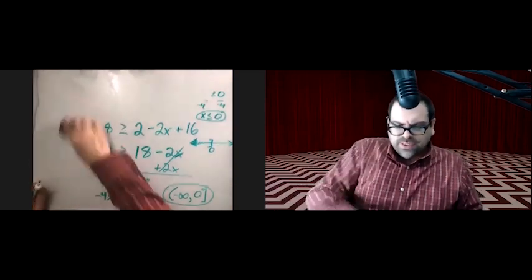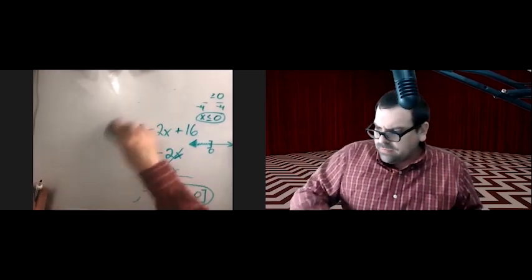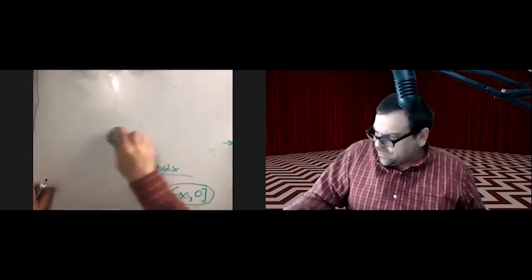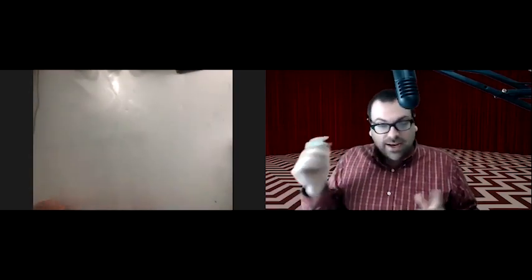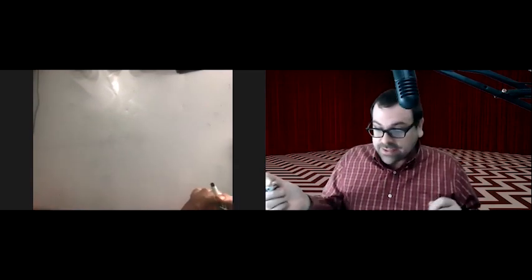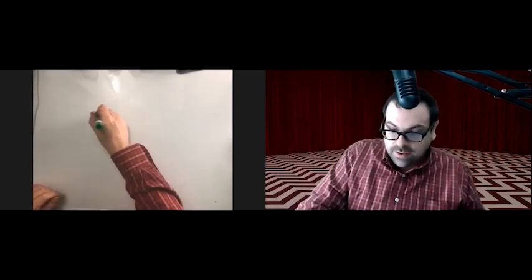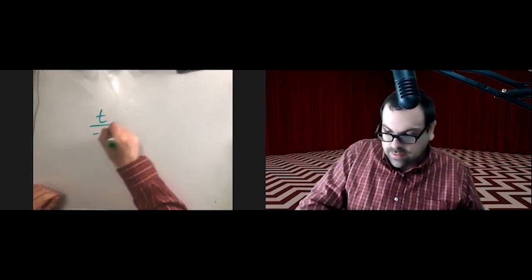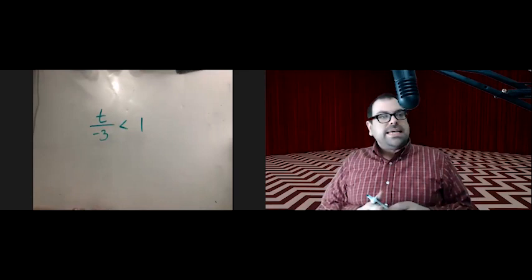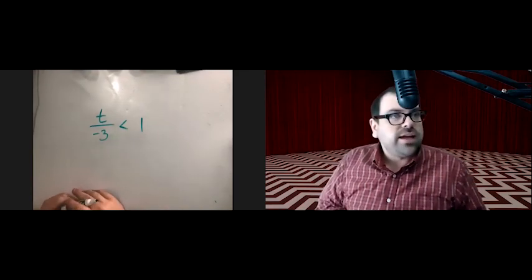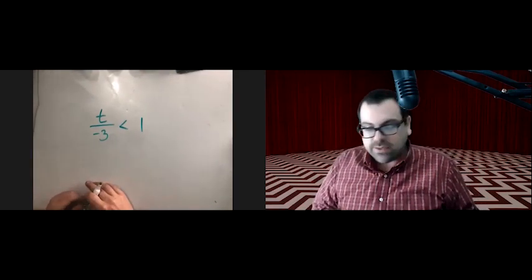So just real quick to knock out that one I promised you before we do another one just like this. Something where we'll end up multiplying both sides by a negative number could look like this. T over negative 3 is less than 1.